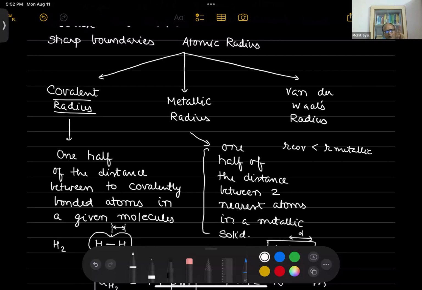So in a solid, you measure the distance between the two nearest atoms, you half it. Van der Waals radius is for those elements which do not form any bond. Can you give me an example of elements which do not form any kind of bond?